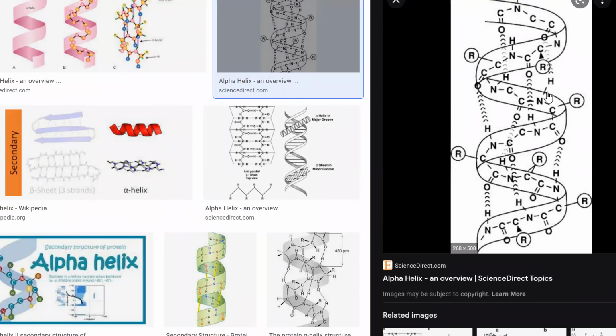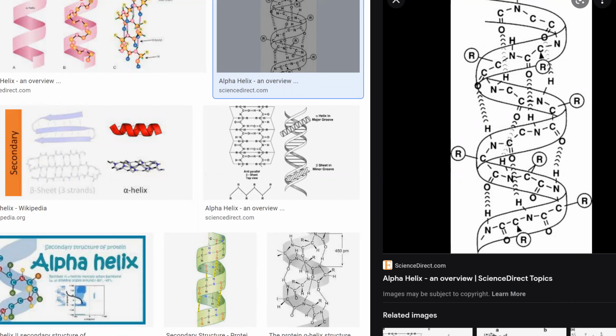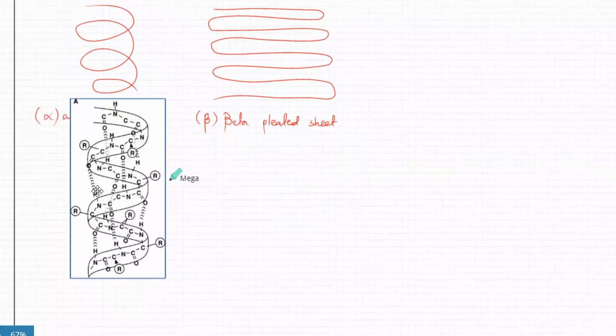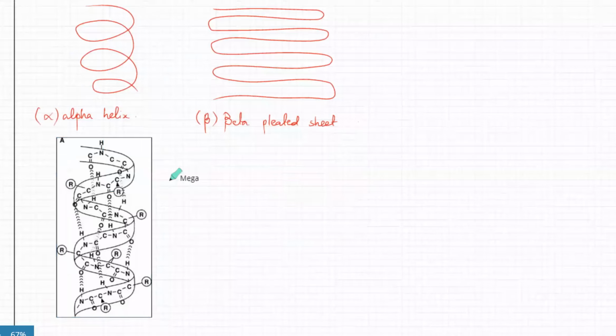Maybe this is not that. Just a second. So that's a good structure. So you just copy that. I'm not going to ask you to draw the whole thing. That's slightly more complicated. I'll just put this over here to show you what an alpha helix looks like.